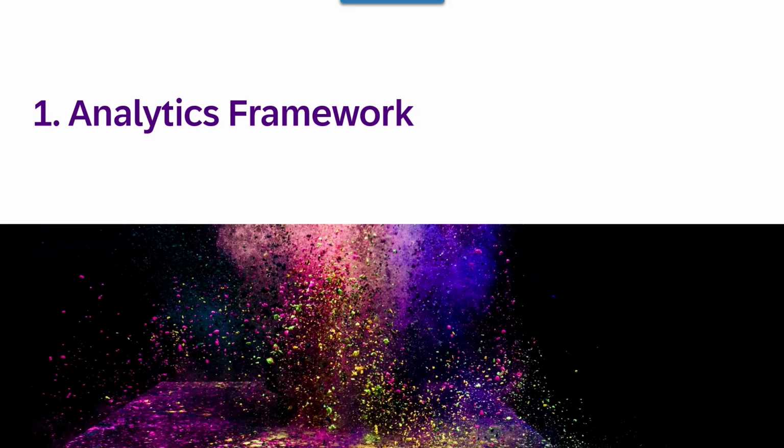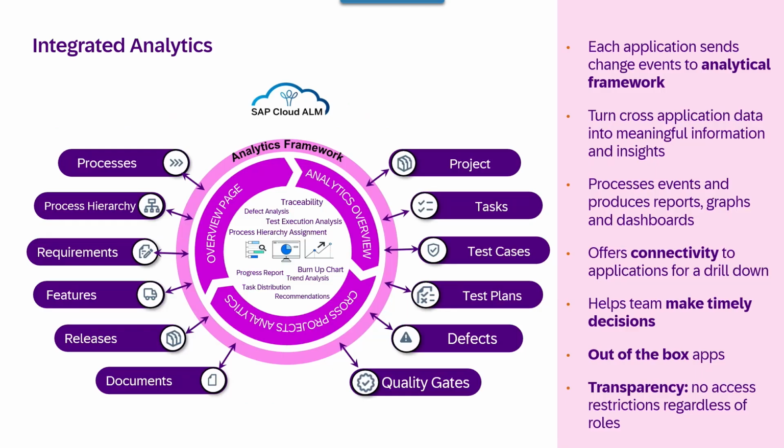Okay, so let's start. This is a short introduction of how our analytical framework is situated. We have a central analytical framework that receives all the change events from all other applications, from process management to task management, documents, and quality gates. Everything is linked with the analytical framework.